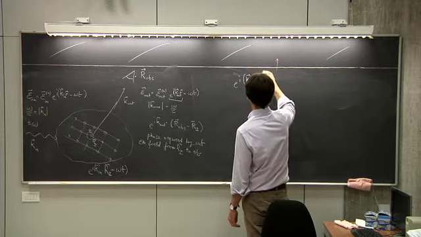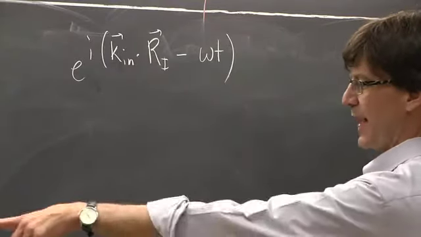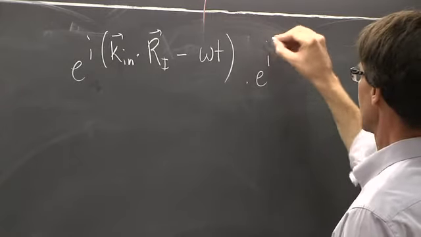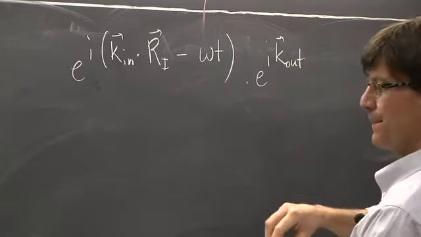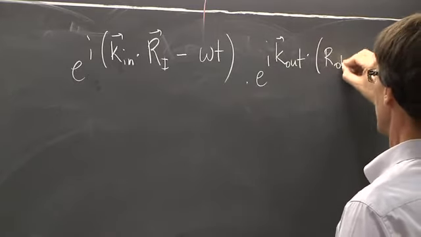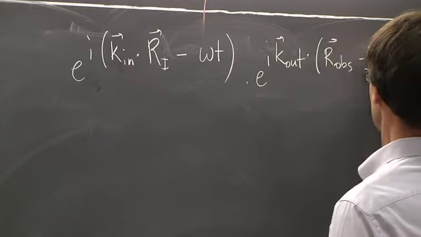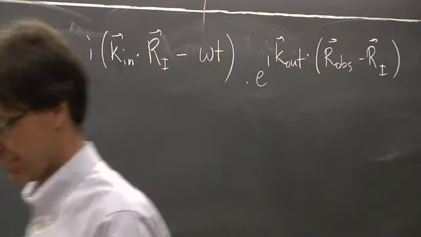So e to the i k in dot Ri minus omega t, times e to the i k out dot R observer minus Ri. Right?